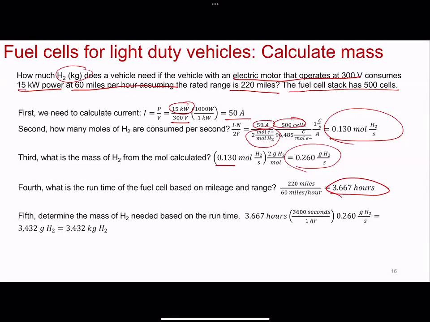So we convert 3.667 hours to seconds, and you're consuming 0.26 grams of hydrogen per second. That means you need 3.432 kilograms of hydrogen on board if you want to make it from Columbus to Cincinnati and back at 60 miles an hour.